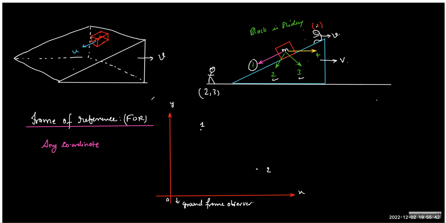So what we say is that any coordinate system attached to any observer is called a frame of reference.